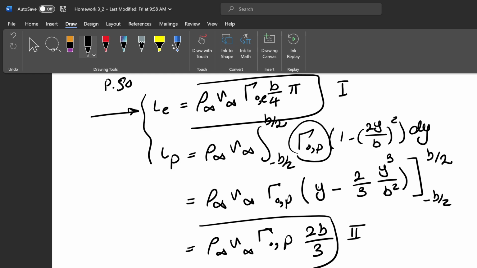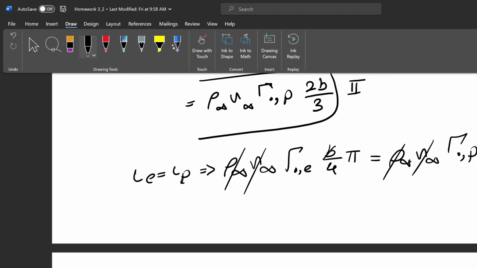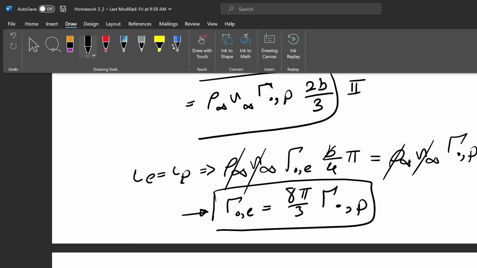All of these constants cancel out, and also b cancels out, and we have the relationship between the elliptic gamma naught and the parabolic one, which is 8 over 3 pi. This was the goal of the first part of this problem.